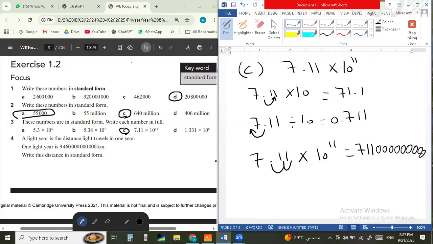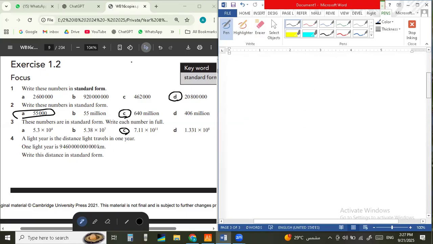All right, mister. If I have another question, let's answer, for example, 1.331 times 10 to the power of 8. Here we go. The same thing, mister. It's multiplication. I'm going to move the decimal point to the right, but 8 digits to the right. I already have 3 digits to the right, so I need to add 5 more.